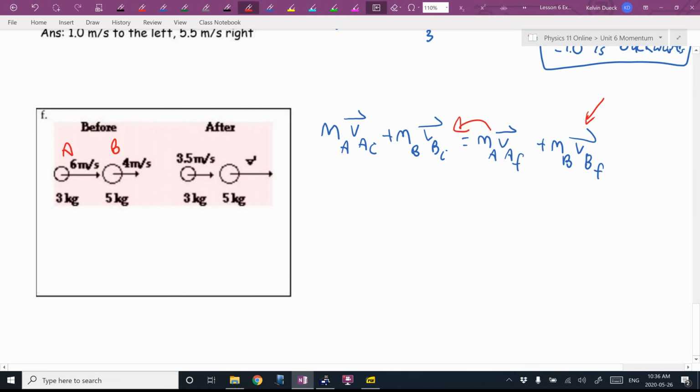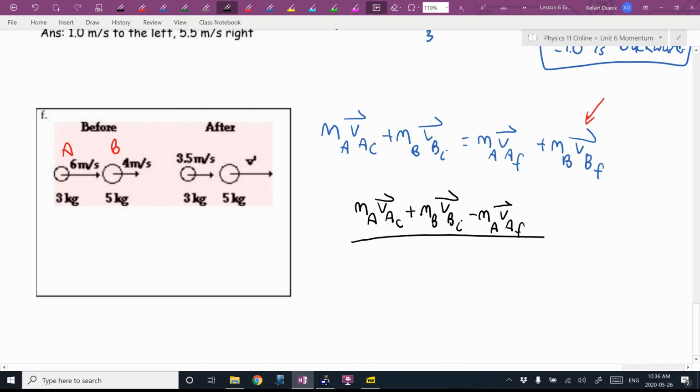I think I'll just minus that over and divide by mass B. Trying to see why I taught you all that formula manipulation. Can you imagine trying to memorize all of these different variations? Oh. Some teachers do it that way. Not me.